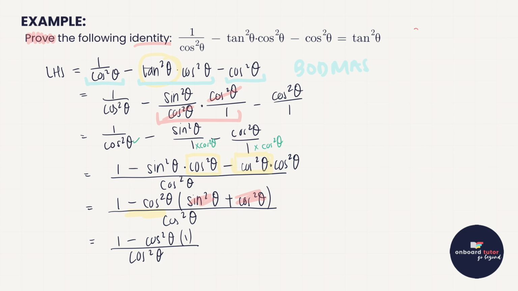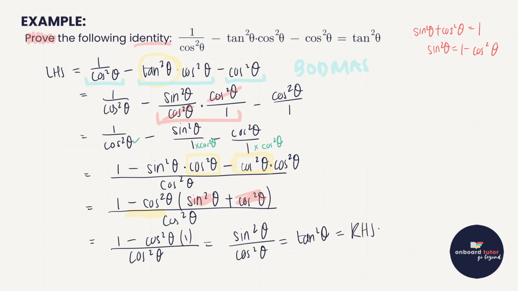So if we have a look at the fact that sine squared theta plus cos squared theta equals 1, then the fact that I've got 1 minus cos here means the cos went over and the sine stayed behind. So sine squared theta is equal to 1 minus cos squared theta. So that means I can then rewrite that numerator as sine squared theta. And then that goes over cos squared theta, and sine over cos is equal to tan squared theta, which equals the right-hand side.